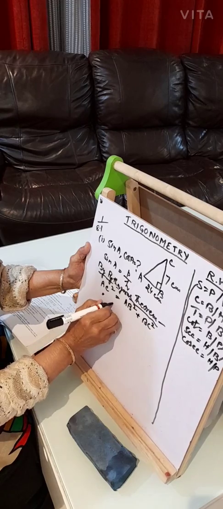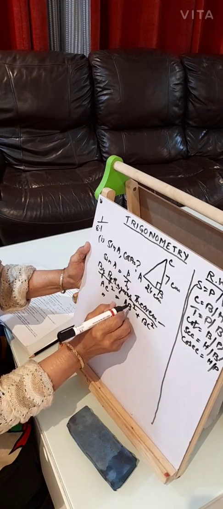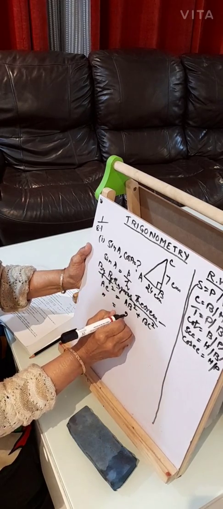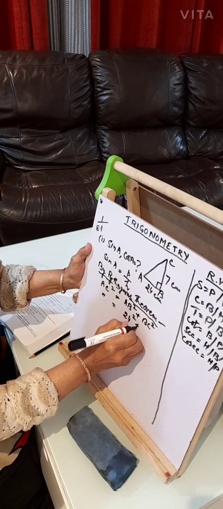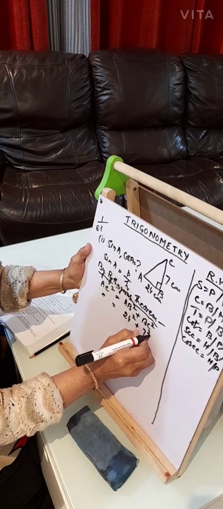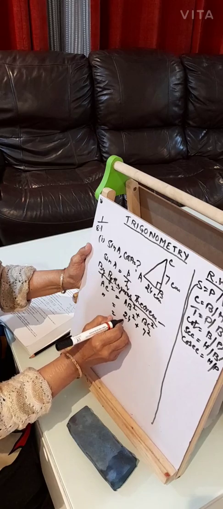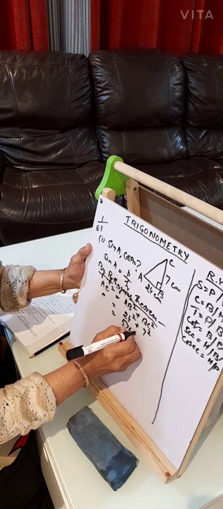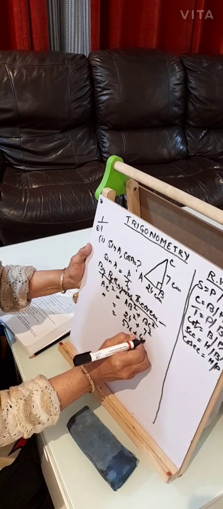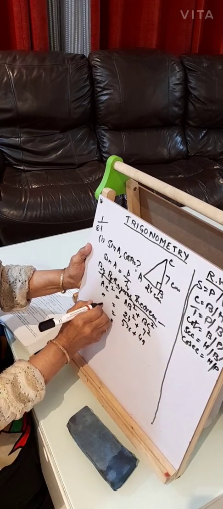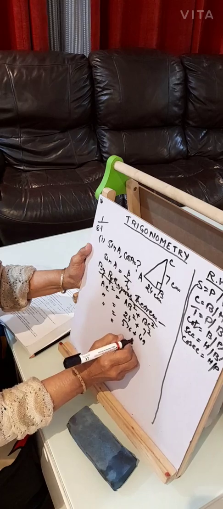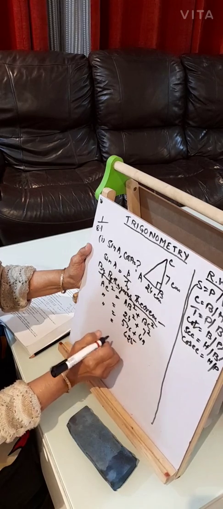So AC square is equal to AB square. How much is AB? 24. 24 square plus BC 7 square. So 24 into 24, 576, plus 7 into 7 will be 49. So it will give you the sum as 625.